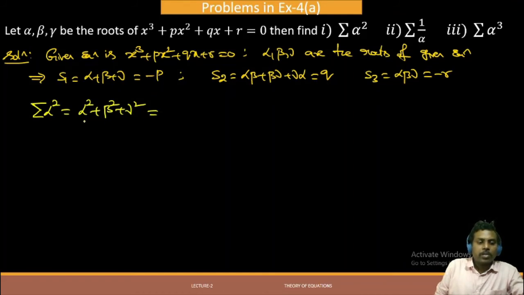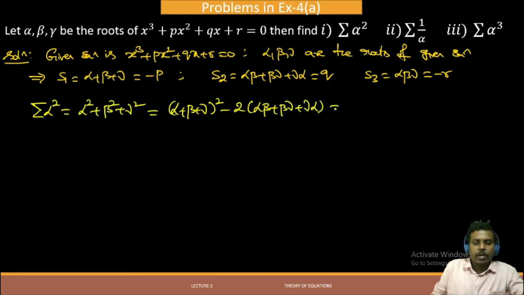Now just now we have proved this algebraic identity: alpha square plus beta square plus gamma square is equal to alpha plus beta plus gamma whole square minus 2 into alpha beta plus beta gamma plus gamma into alpha. Now what is alpha plus beta plus gamma? This is minus p whole square minus 2 into alpha beta plus beta gamma plus gamma alpha is what? q. So that is equal to p square minus 2q.